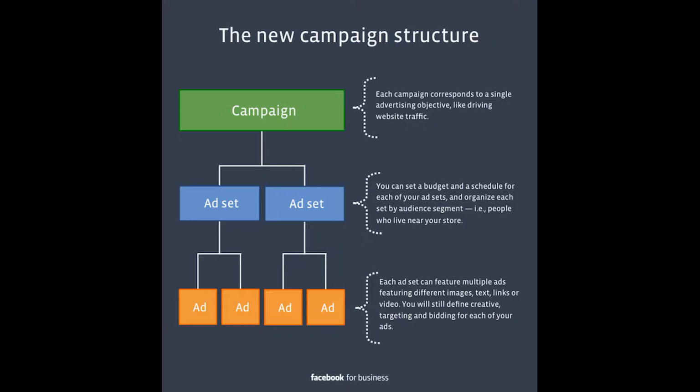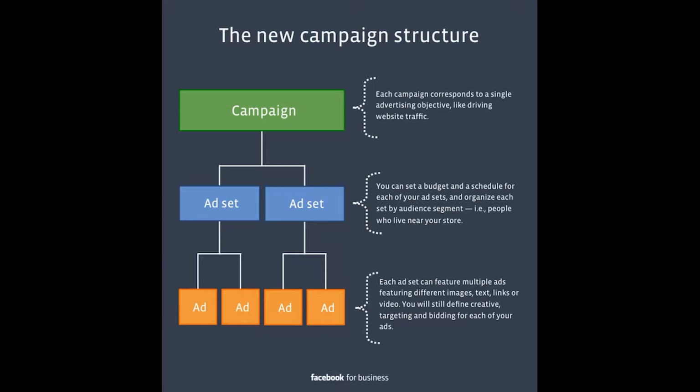Next, in the blue, you've got your ad sets. In this part of your campaign structure, you set a budget and a schedule for each of your ad sets. Why isn't there just one? Because you want to test more than one and then pick the best one out of them.